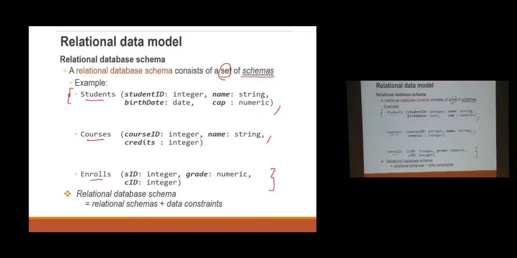That's a relational database schema, right? And also implicitly there is a data constraint because we specify it when we specify the schema. If the domain is implicit, or we just say that the domains are all integer, then you can actually ignore the domain. For simplicity, usually for exam, we will just say that all the domains are integer.